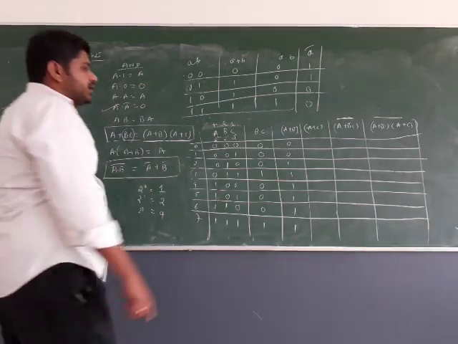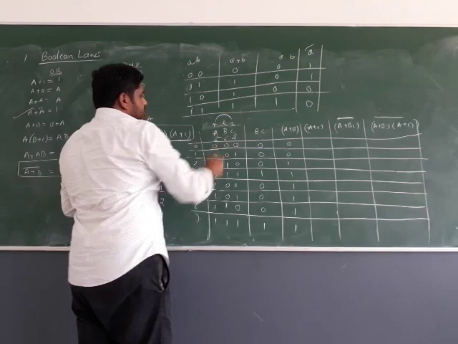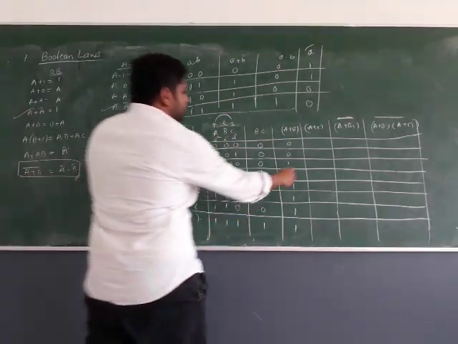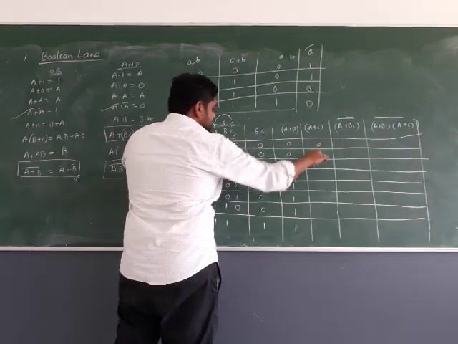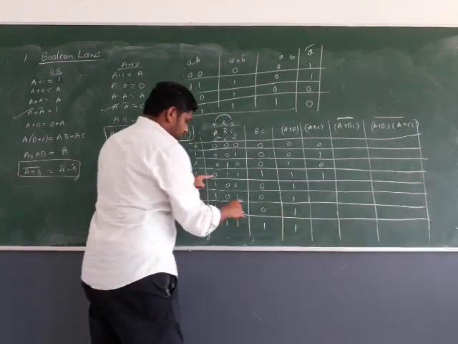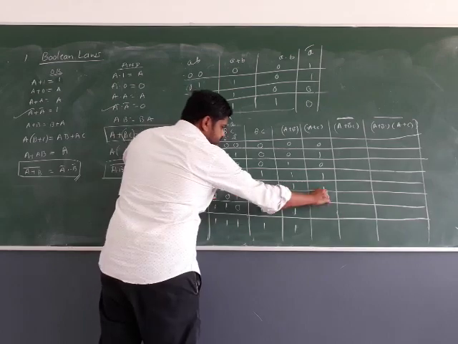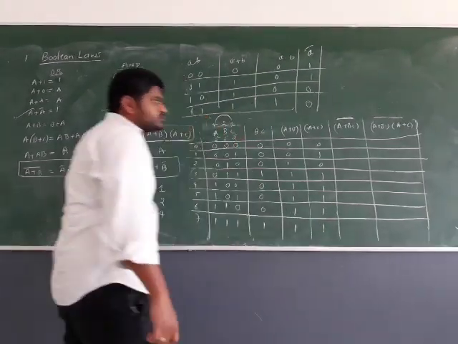So now the next column, what do we need? A plus C. What is A plus C? First column and third column, A column and C column. 0 0 0 1 again 0 0 0 1 1 0 1 plus 1, 1 plus 0, 1 plus 1.